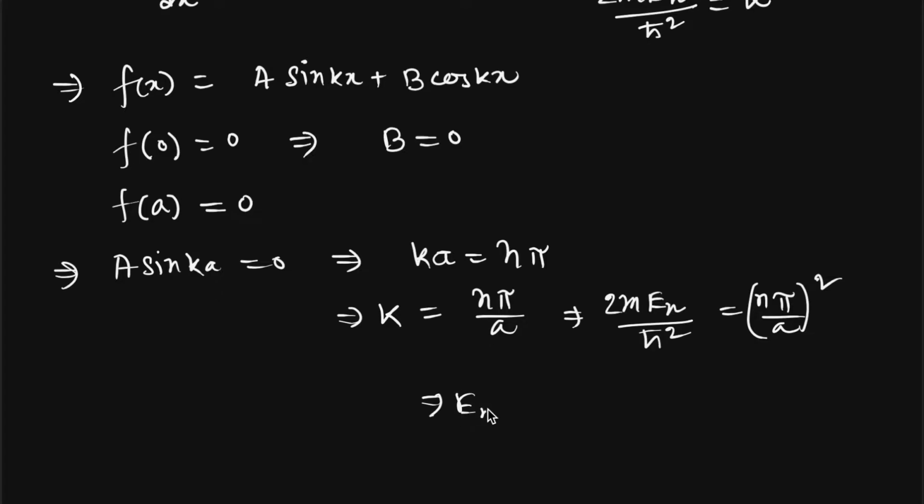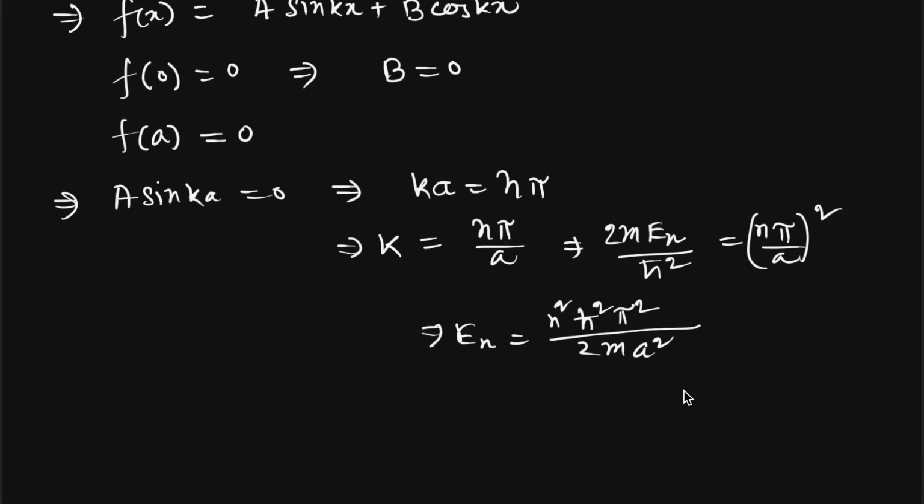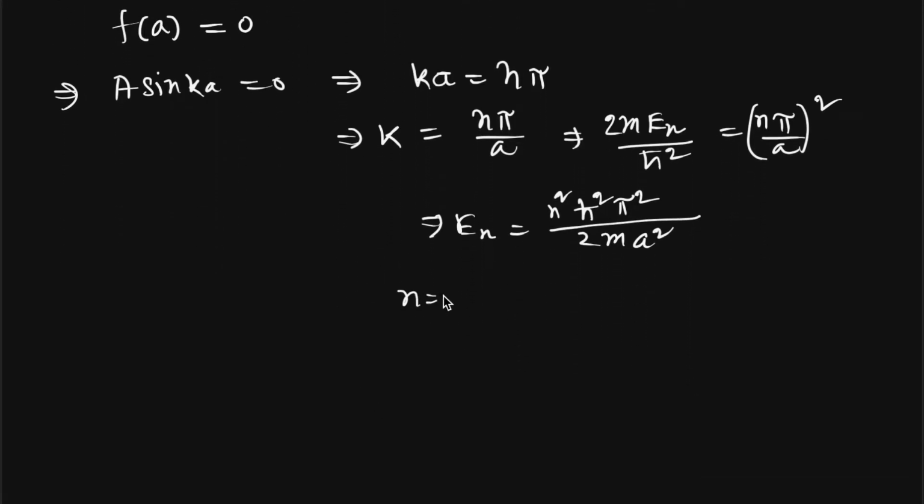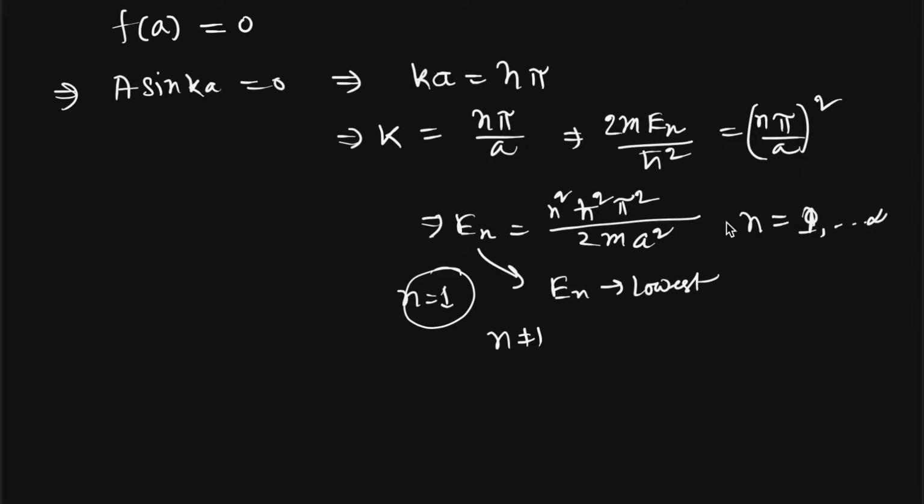So En is equal to n² ħ² π² by 2m a². The ground state corresponds to n equal to 1, since the ground state is the lowest energy state, and the excited states correspond to n not equal to 1. Here the value of n could be 1 to infinity.